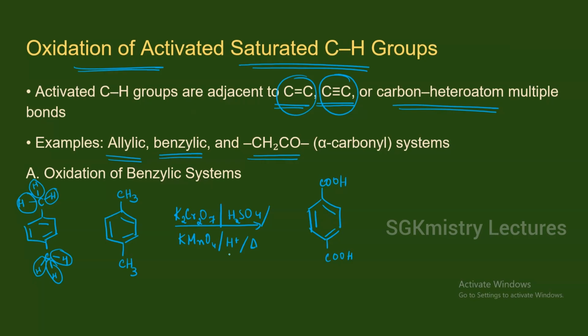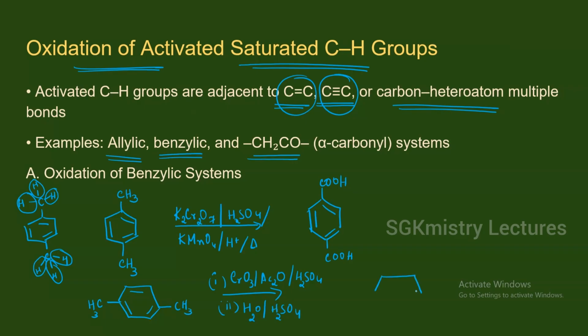So if I'm going to take other reagents, let us again take one more example. The activated CH groups, which are adjacent to the benzene ring, that is, we are talking about the benzylic systems. So you can use CrO3 in the presence of acetic anhydride and in the acidic medium, then followed by acidic hydrolysis.